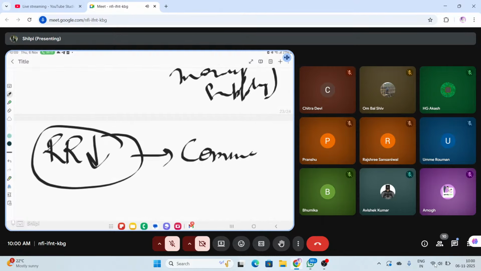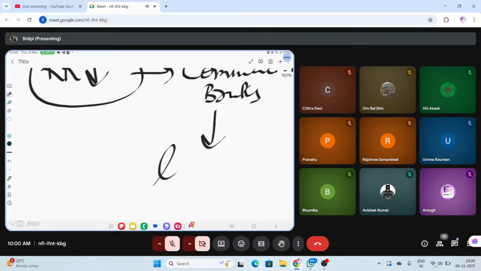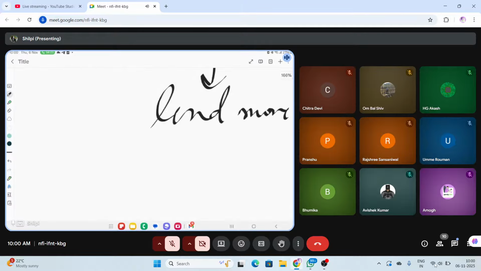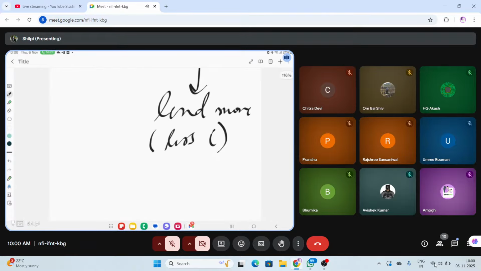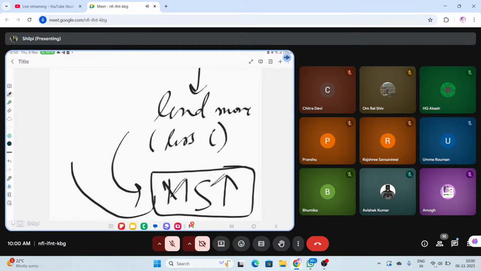Commercial banks will borrow more. The minute commercial banks will borrow more, अब उनके पास इतना ज्यादा पैसा है, they will lend more, and they will lend more at a lesser interest rate. The minute they will lend more at a lesser interest rate, the money supply in the economy will increase. The minute money supply will increase, we will see a boost to what is known as growth.